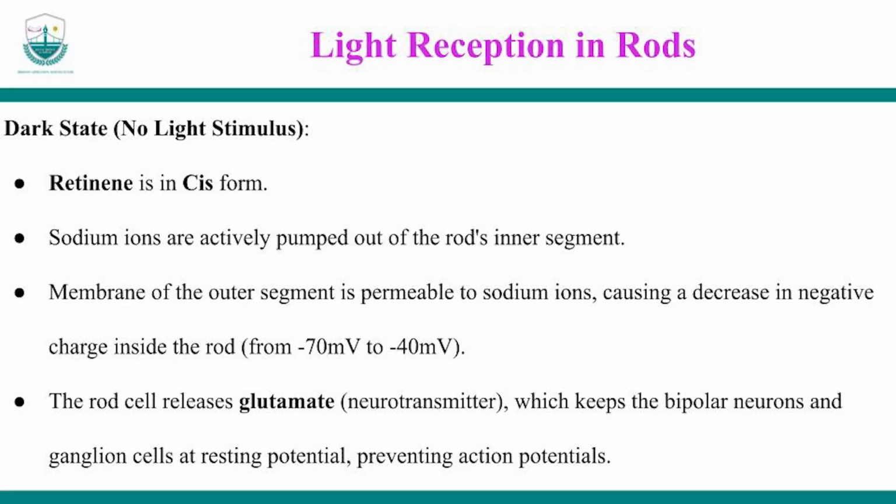The other thing that is also very important is that the rod cell releases glutamate, which is a neurotransmitter. This also prevents the bipolar neurons from firing. So it just keeps the bipolar neuron in the resting potential, preventing any action potentials from being fired.